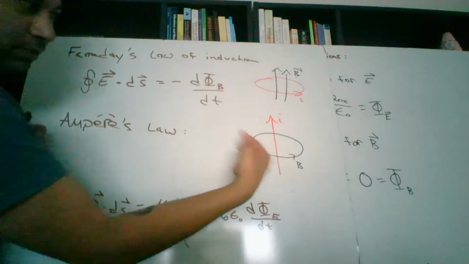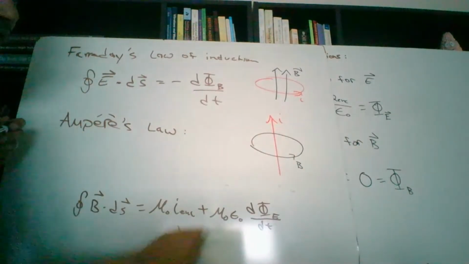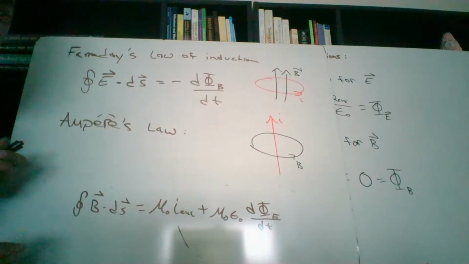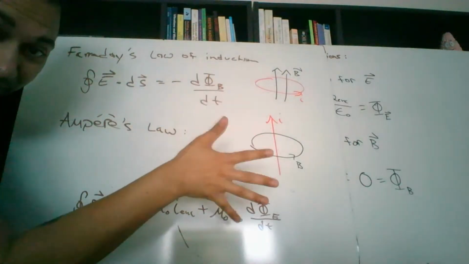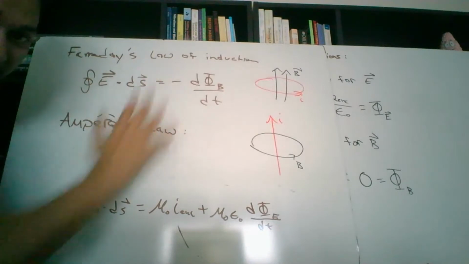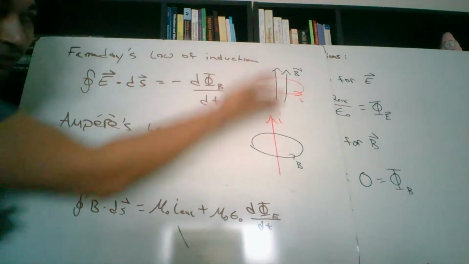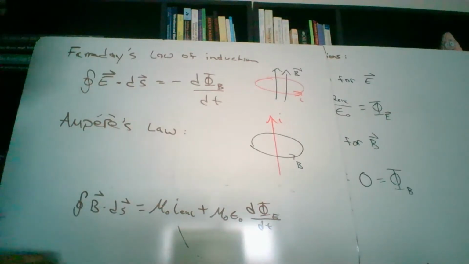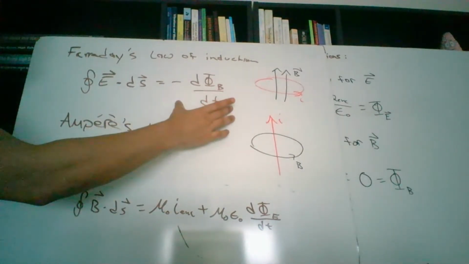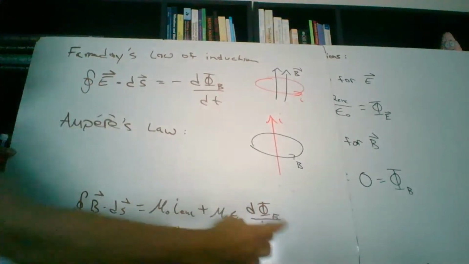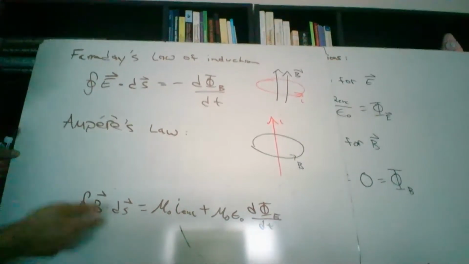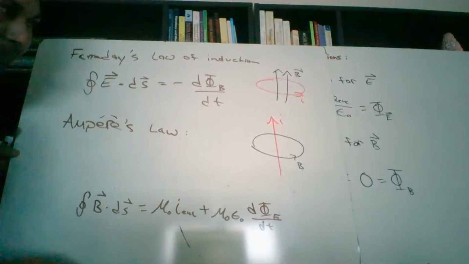The magnetic field is going around, the current's going that way, whereas over here, it's the current that's going around and the magnetic field's going perpendicular. I don't know if you've ever thought of that. You might have thought of these as separate things, but look at the beauty of this. This is symmetry right here. It's doing the exact opposite. And it says that in our equations here. Changing the magnetic field will do the electric field. Changing the electric flux will create a magnetic flux. Okay? And this really is defined as the curl.